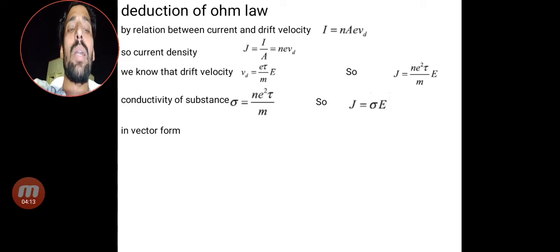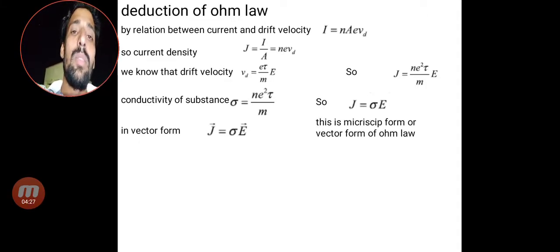Since current density J and electric field E are vector quantities, in vector form, vector J equal to sigma vector E. This is the microscopic form of Ohm's law, or the vector form of Ohm's law.